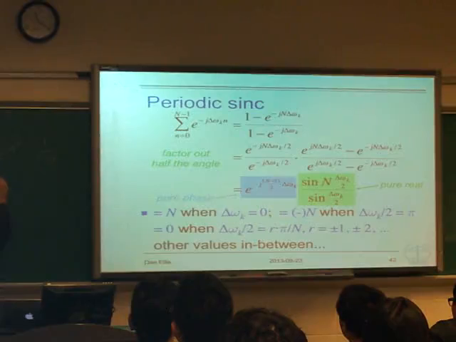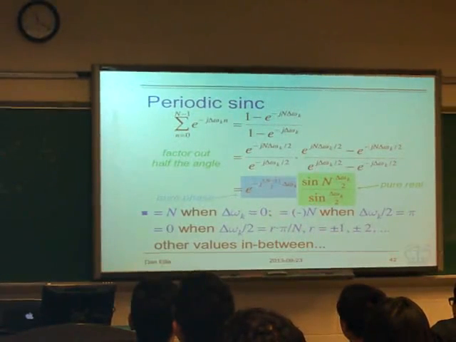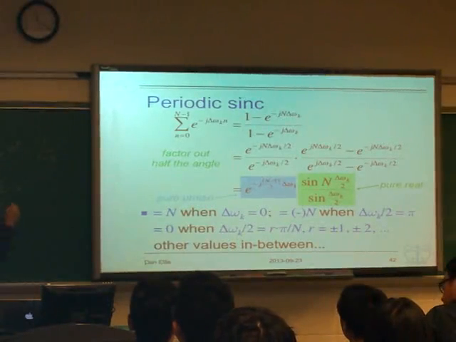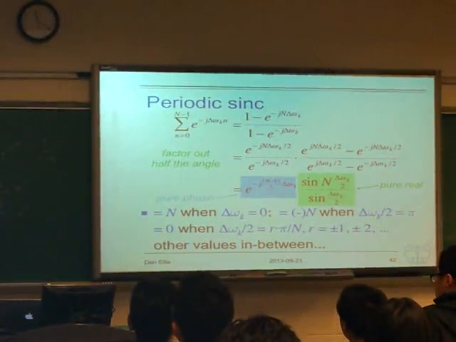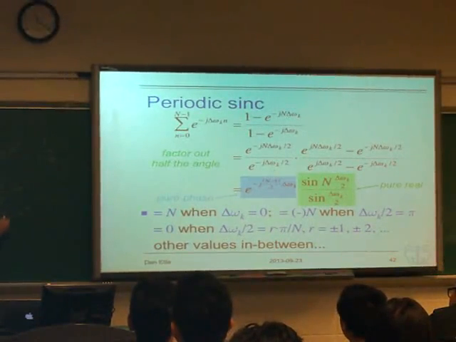The sum from n equals 0 to N minus 1 of alpha to the n. If we call S equal to that, then alpha S is equal to the sum from n equals 1 to N of alpha to the n. So S minus alpha S is like all these terms cancel out except for this one and this one.